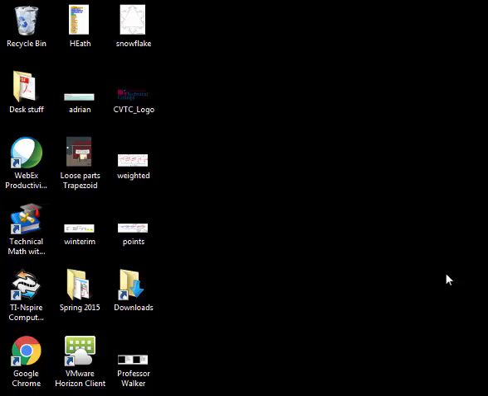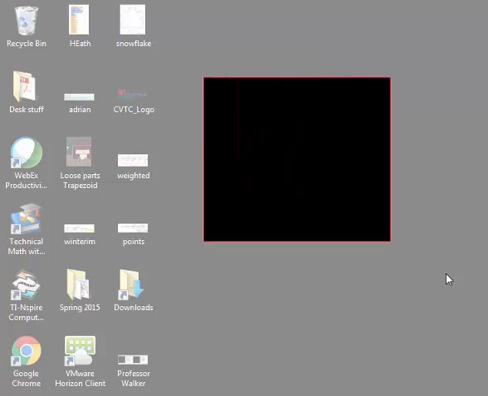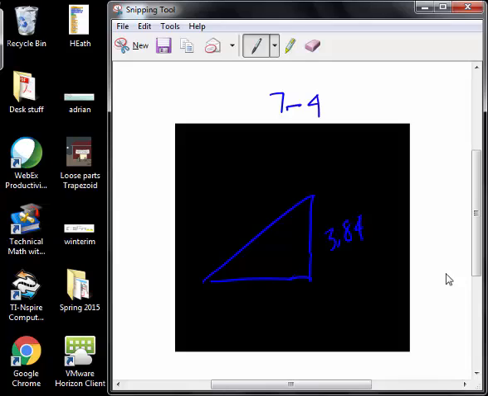Let's look at number 7-4, where it says the opposite side is 3.84, the adjacent side is 5.63.